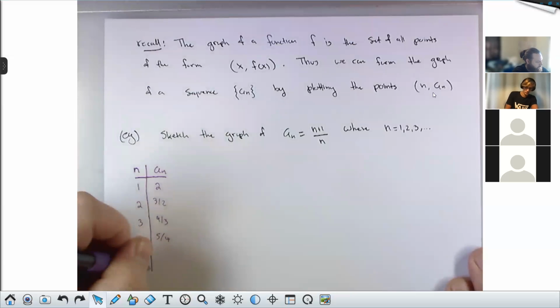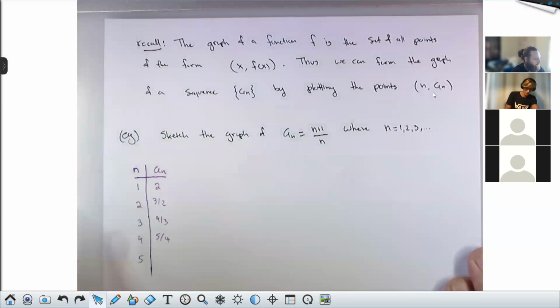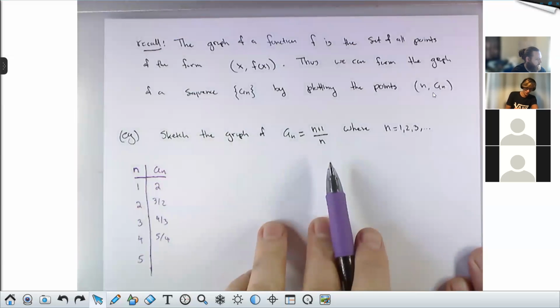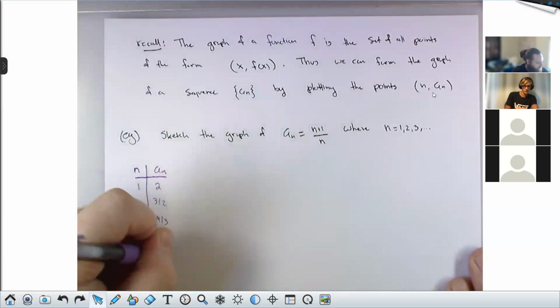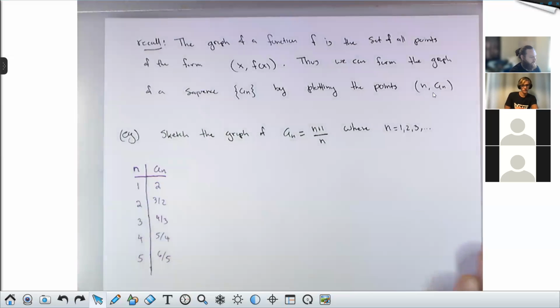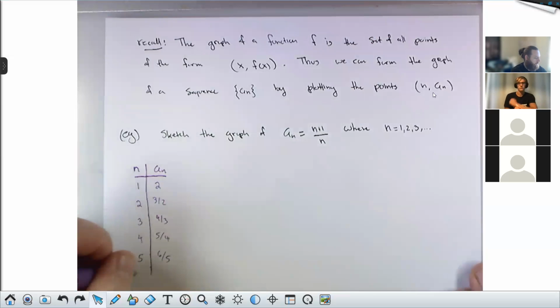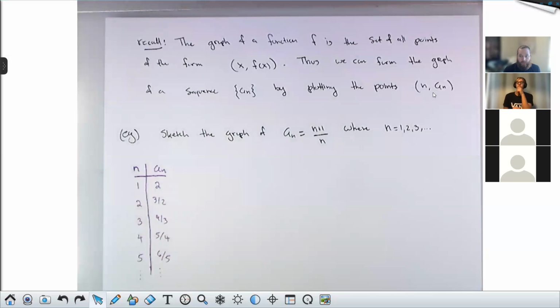When n is equal to 5, we have 5 plus 1 is 6 over 5, and 1.2. Okay, of course it keeps going. Pretty much all of the sequences we will talk about are infinite sequences, and I don't distinguish between a finite sequence and an infinite sequence. All sequences are infinite.